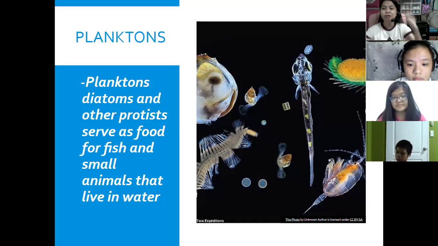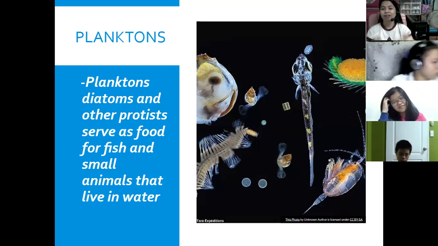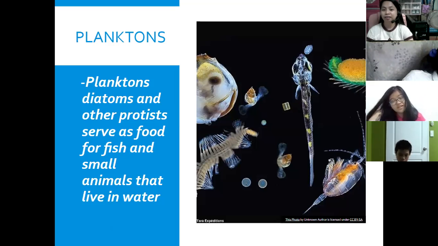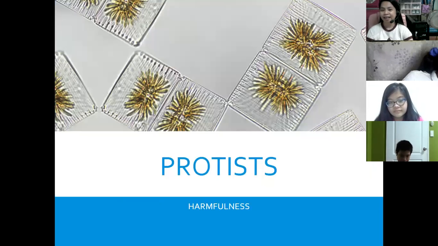They are just simply floating on the surface of the water, or under the water, and they vary in terms of sizes, shapes, and how they look. And next, the harmfulness of protists.